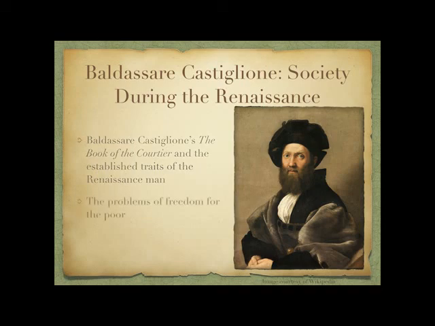However, this isn't reflected for everyone in Renaissance life, though. The vast majority of Europe still could not read, and even if they could, they would not be able to recognize the elite society that Castiglione was writing about. Keep in mind, it's the book of the courtier, the book of the people who were at court.